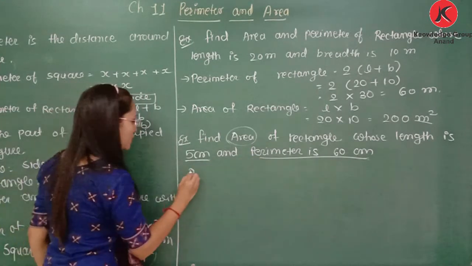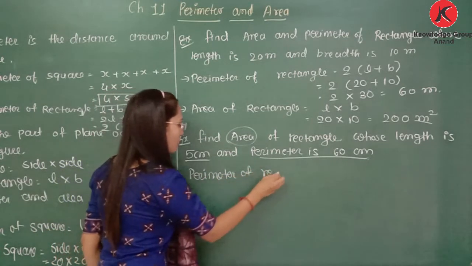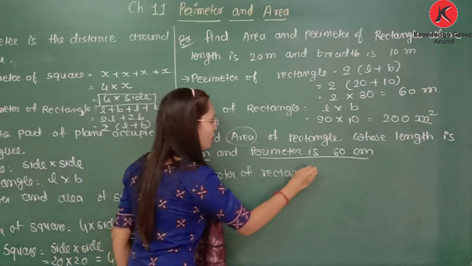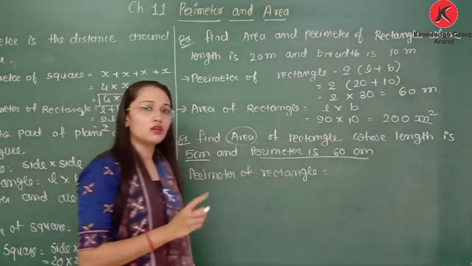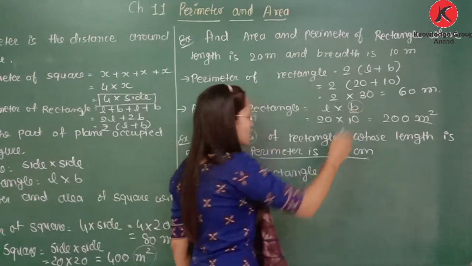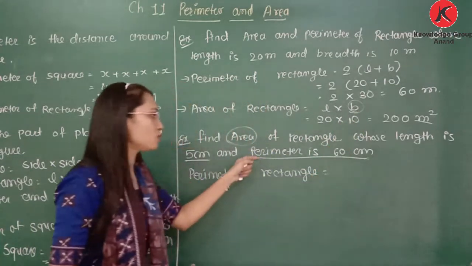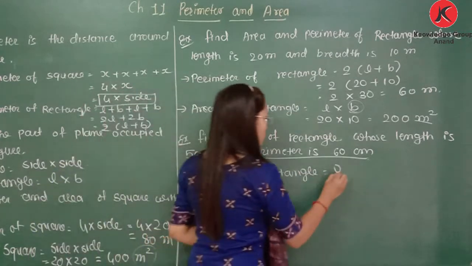Why do we use the equation for the perimeter of a rectangle? Because we need to find the area, but the area's equation is L into B, and B is not given. That's why we use the equation for perimeter to find the value of B.